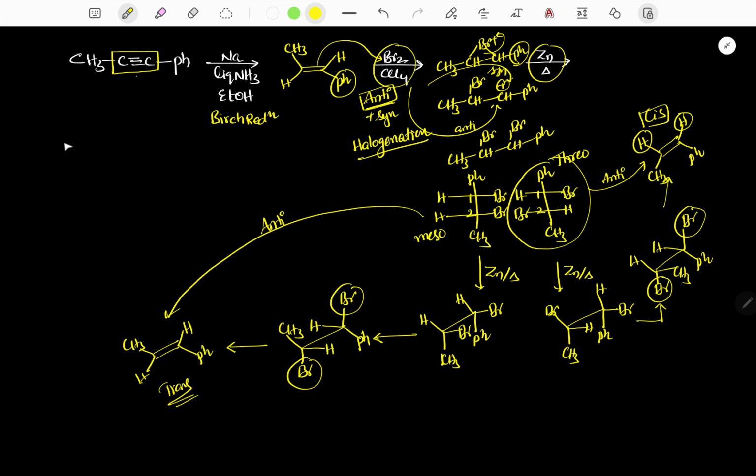So we can remember like this. Suppose if these two are the leaving groups, it is an erythro type, and if these two are the leaving groups, it is threo type. Suppose it undergoes anti-elimination, we get the corresponding trans alkene.